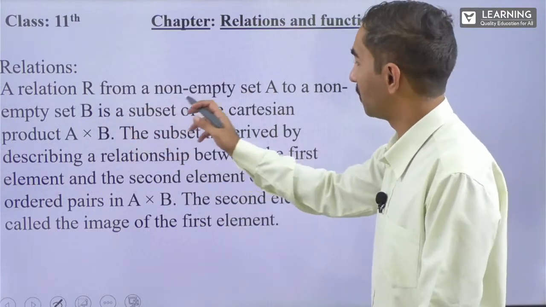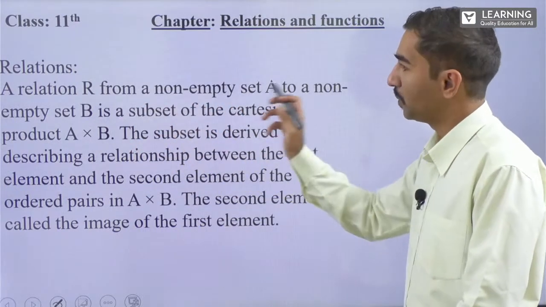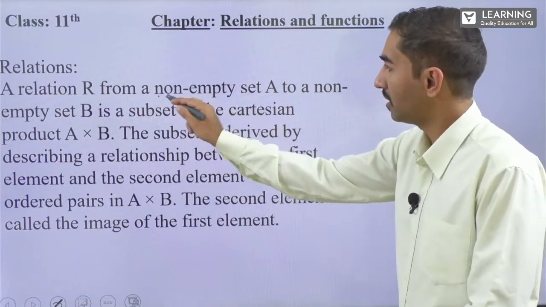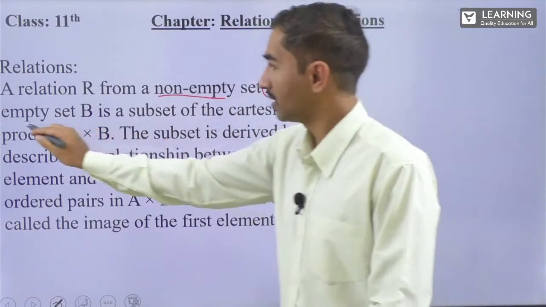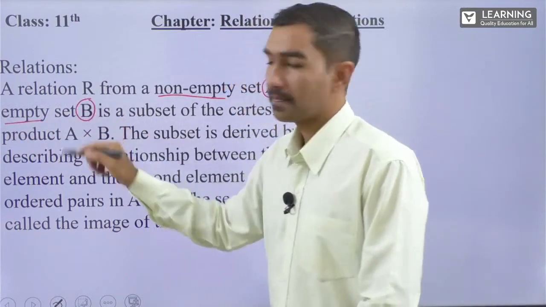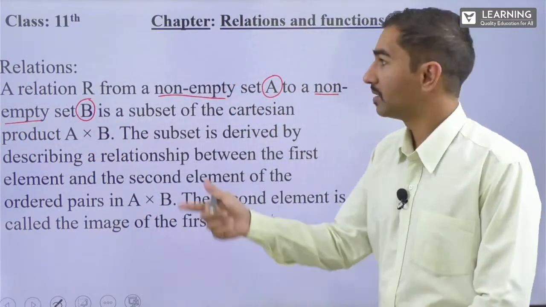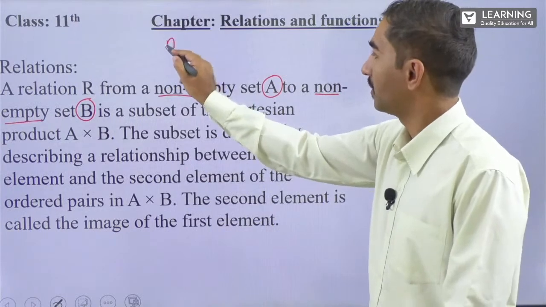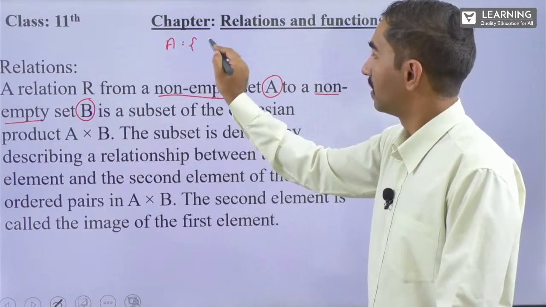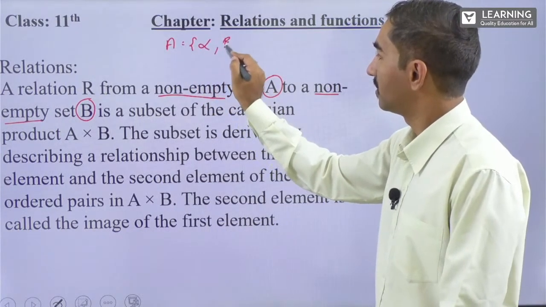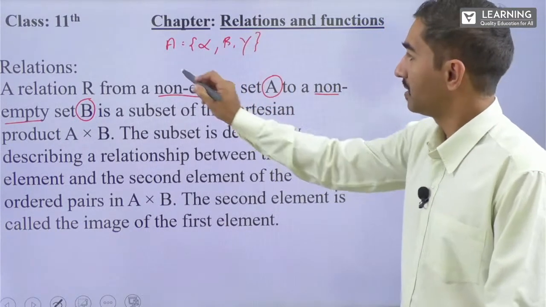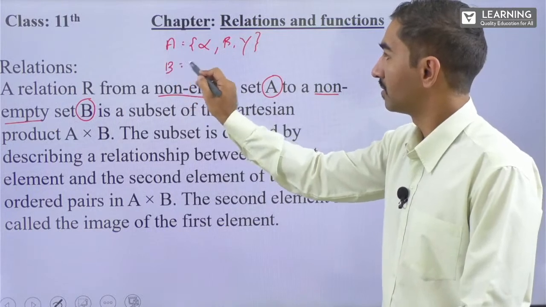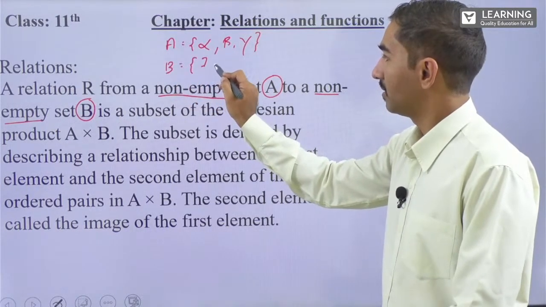A relation from a non-empty set A to a non-empty set B. There are two non-empty sets A and B. Let us take A equals alpha, beta, gamma, and B equals 7 and 9.